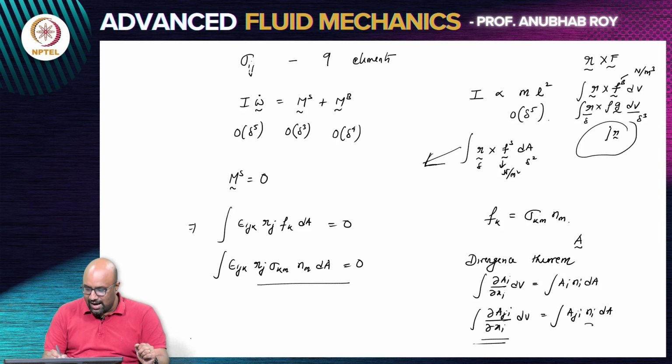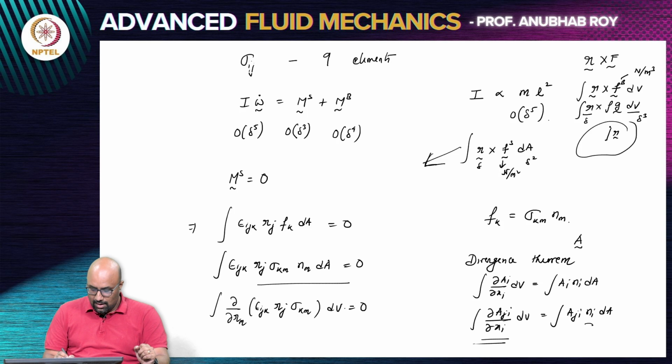Now we have the surface integral here, nm dA, which means I can write this as dou xm of the entire quantity. I'm using r, so let me just stick to r: dou rm of rj sigma km dV.